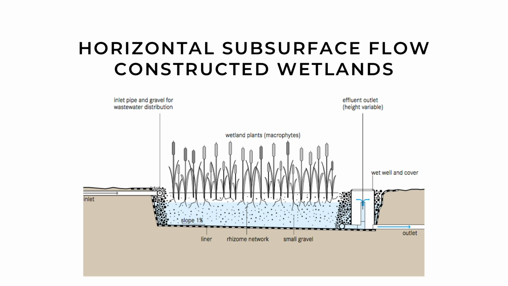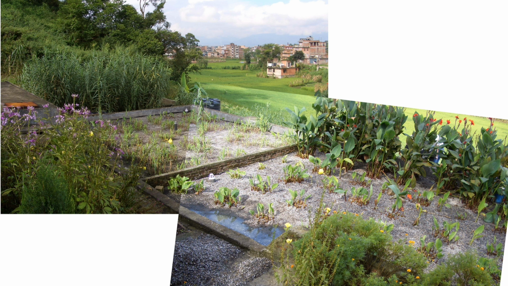The water level is maintained at 5 to 15 centimeters below the surface to ensure subsurface flow. As clogging is a common problem, the influent should be well settled with primary treatment before flowing into the wetland. Generally, a surface area of about 5 to 10 square meters per inhabitant is required.